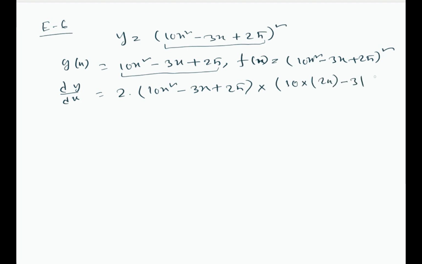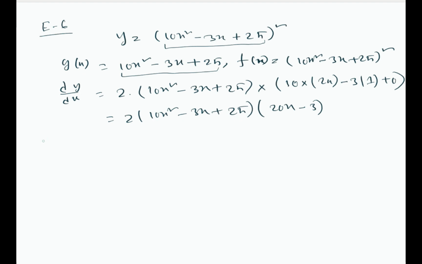Then minus 3, the derivative of x is actually 1, right? Then the derivative of a constant is 0. Okay, we can simplify this to 2 times (10x squared minus 3x plus 25) times (20x minus 3). So far I think it's fine, we don't need to do anything after this.